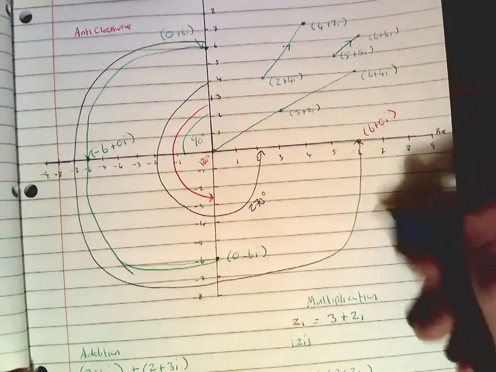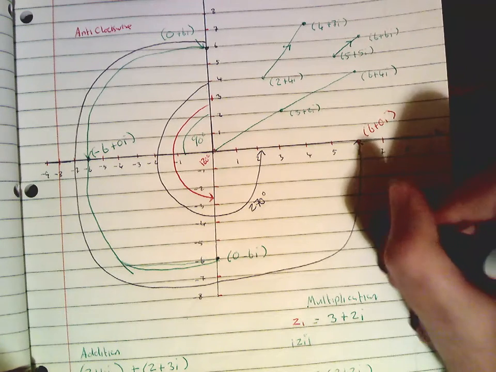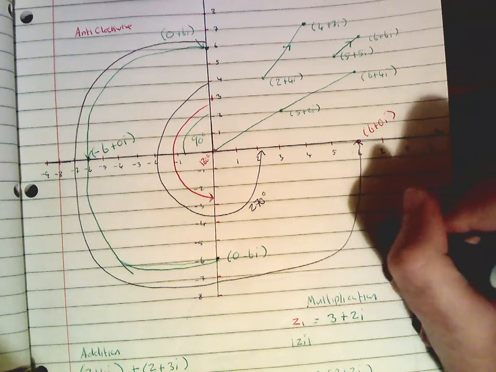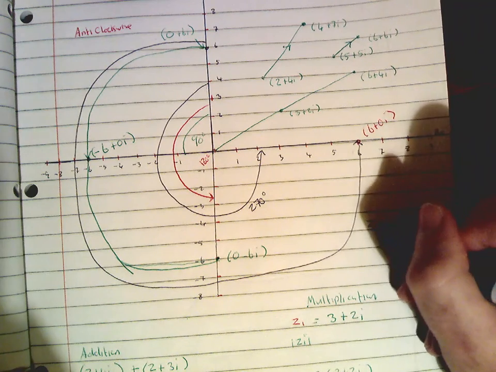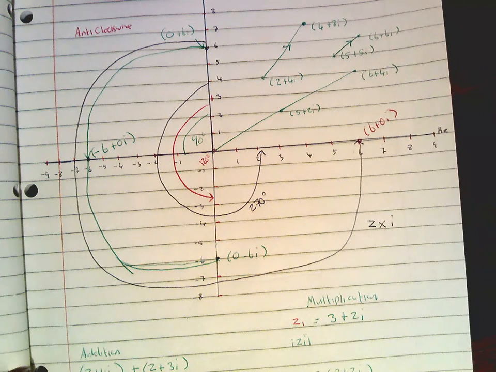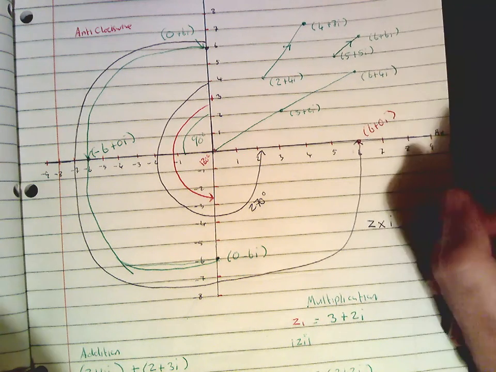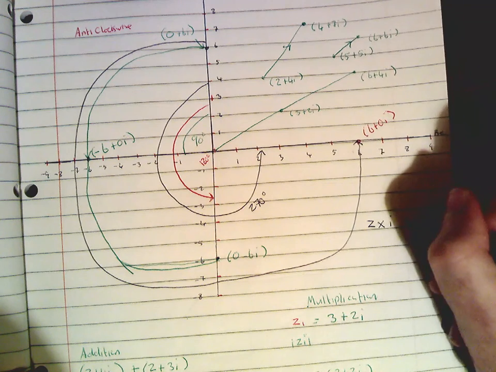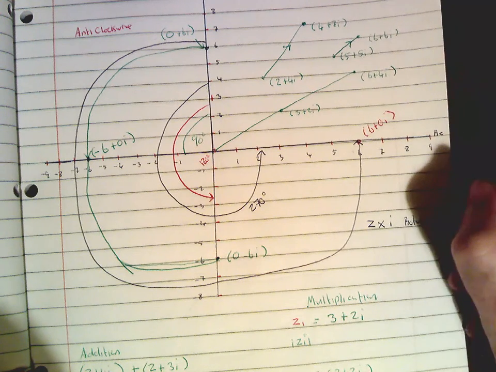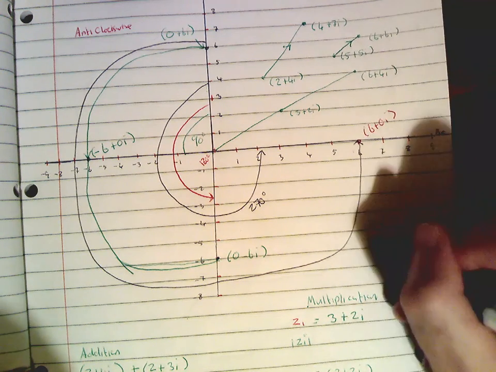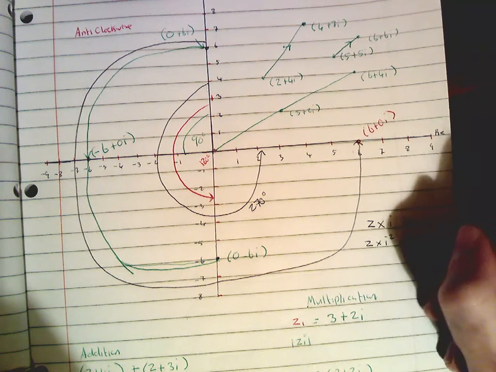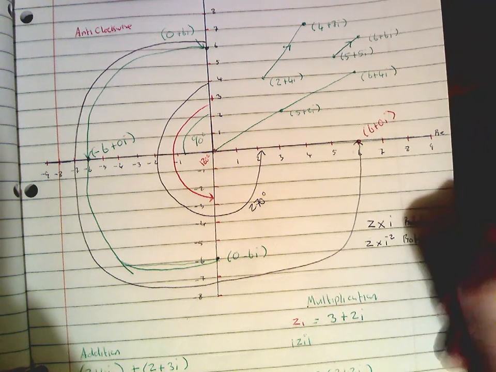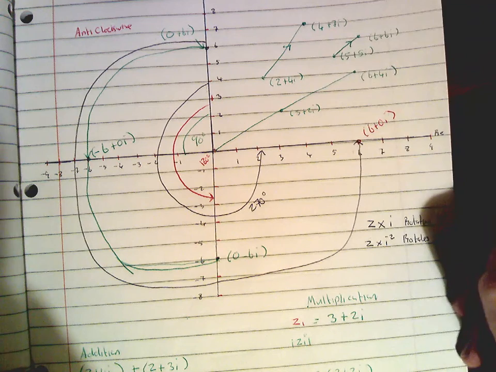As a general rule, if we take a complex number, remember z just represents a complex number, and we multiply it by i, it rotates 90 degrees. If we take the same complex number and multiply it by i squared, it rotates 180 degrees.